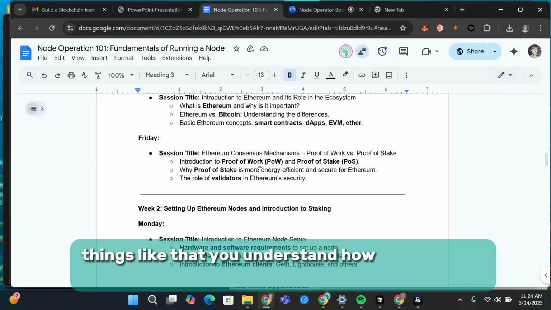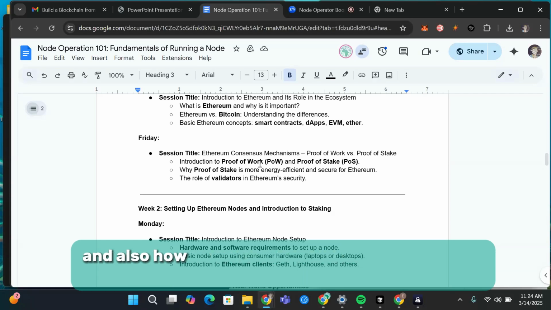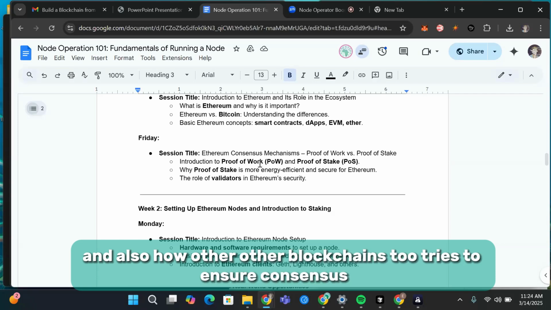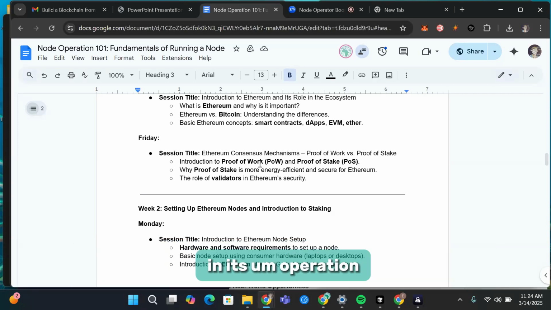You understand how these things work, and also how other blockchains try to ensure consensus in their operation.